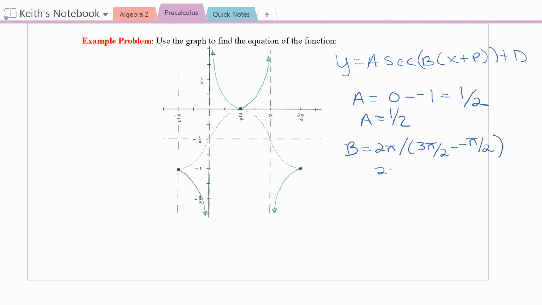So you take 2 pi divided by 3 pi over 2 plus pi over 2, which is 4 pi over 2, which is the same as 2 pi. That means b is equal to 1, which means there is not a horizontal stretch or shrink, because the period here is 2 pi.